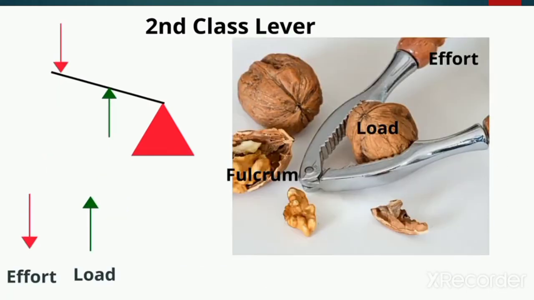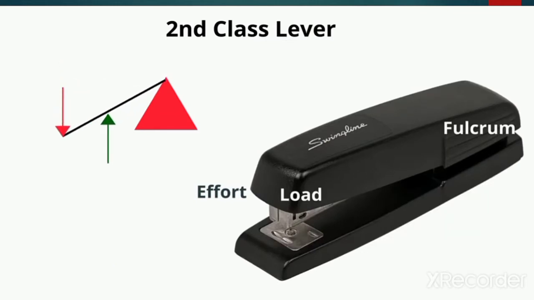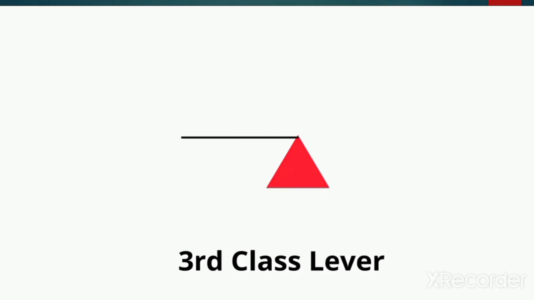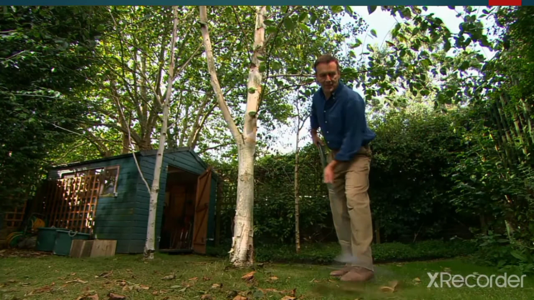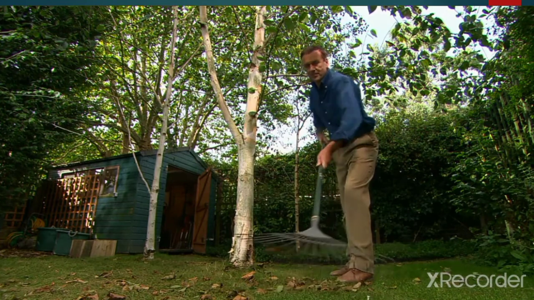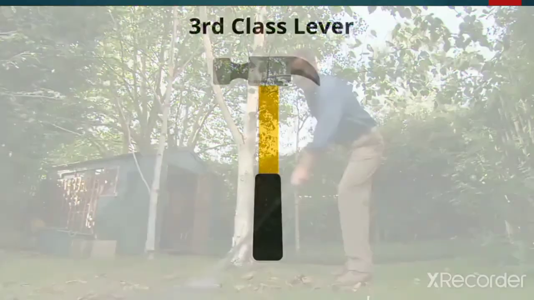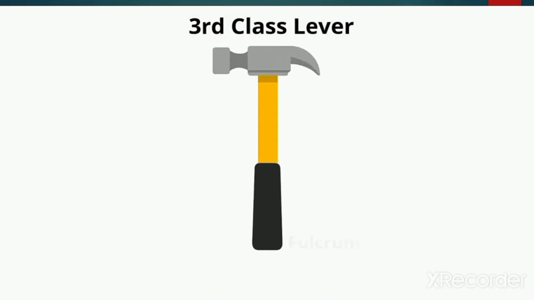A nutcracker is an example, and a stapler. A third class lever has the fulcrum on one end, the force in the middle, and the load on the other end. For example, this hockey stick, this rake is a third class lever, and a hammer. Here's the fulcrum, the force, and the load.